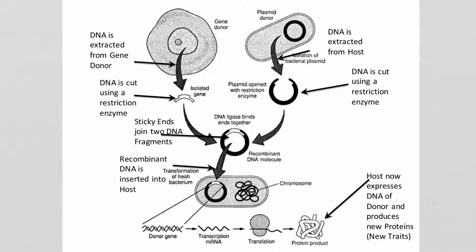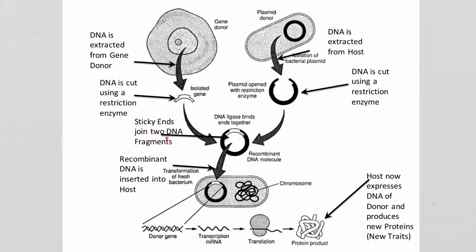It's got a lot on it, but it explains the process really well of how to get DNA into a bacteria. You have your human cell and your bacteria cell. You extract the DNA from the human, the gene that you want, and cut it out using a restriction enzyme. At the same time, you extract a plasmid from a bacteria, and you cut it open using the same restriction enzyme.